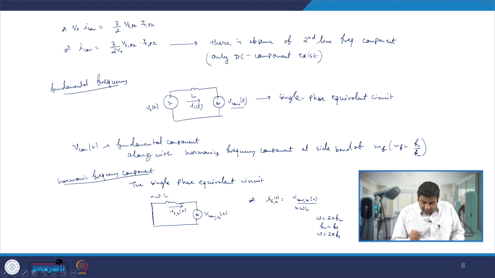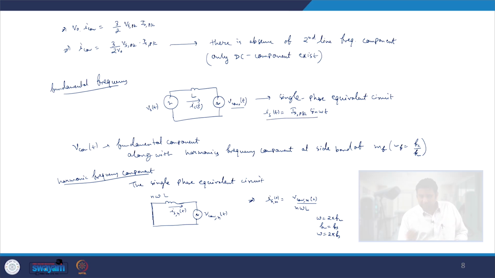So what we see is that because of the fundamental component, we have a current having the fundamental component, which we assume to be a unity power factor current. So it is Is peak sin omega t, which we obtain over here.